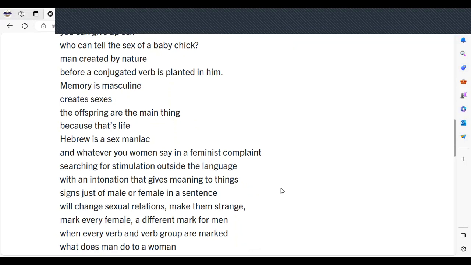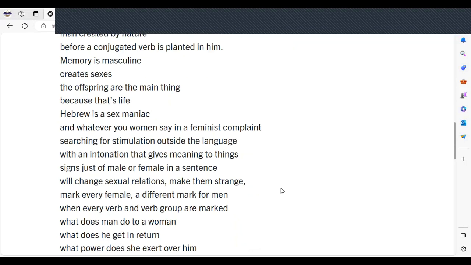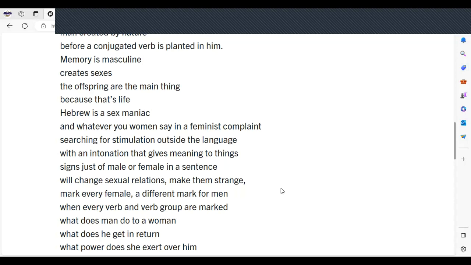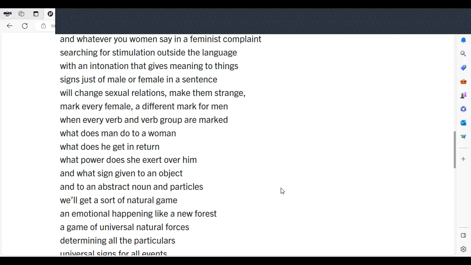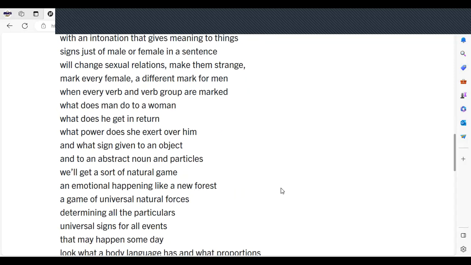Hebrew is a sex maniac, and whatever you women say in a feminist complaint, searching for stimulation outside the language with an intonation that gives meaning to things, signs just of male or female in a sentence will change sexual relations, make them strange, mark every female, a different mark for men when every verb and verb group are marked.